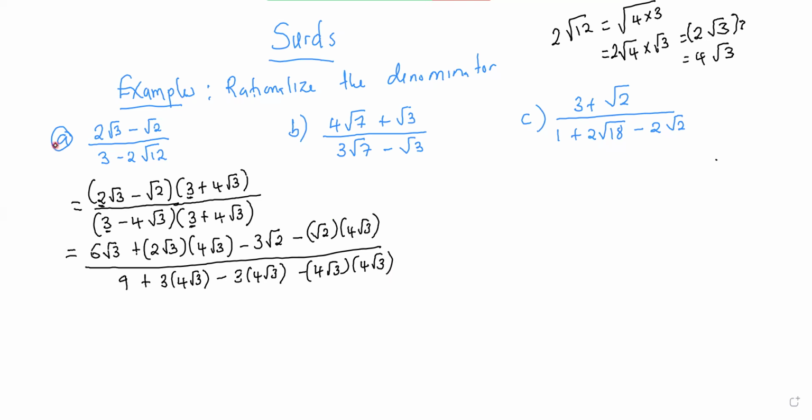So we got 3 times 3 to get this 9. And then 3 times 4 root 3 is what we have here. Then minus 4 root 3 times 3 is what we have here. And then minus 4 root 3 times 4 root 3. Like that.